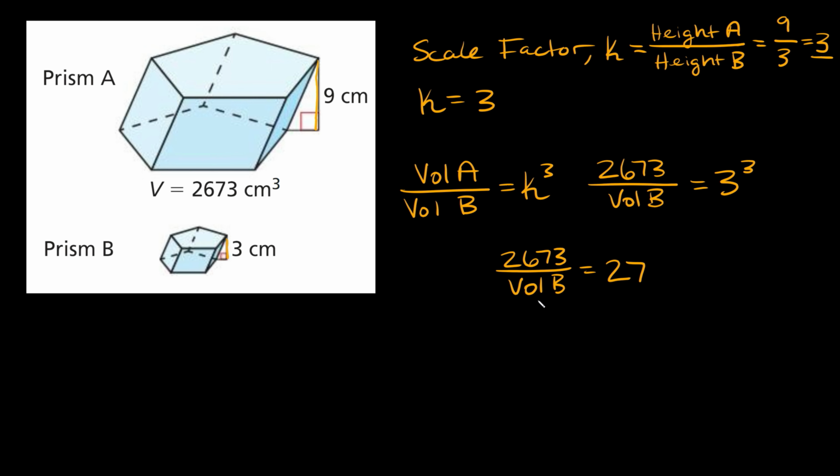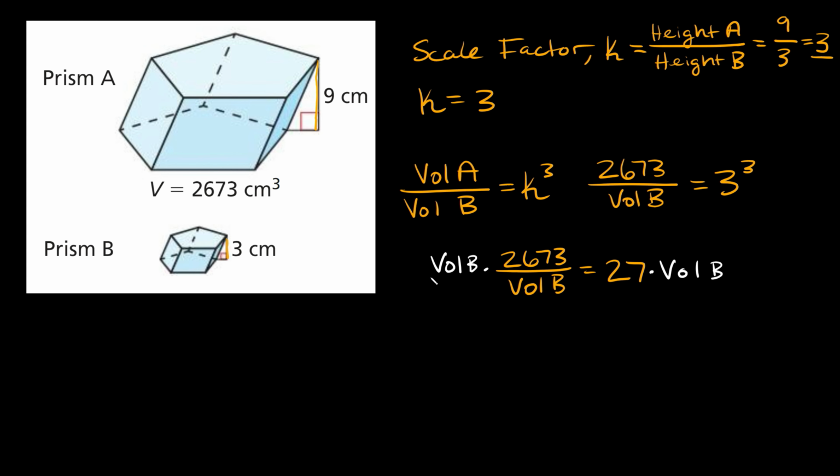All right, now here we're trying to solve for the volume of prism B, but we can't really do it if it's in the denominator. So what we have to do instead is multiply both sides by the volume of prism B on that side and by the volume of prism B on this side.